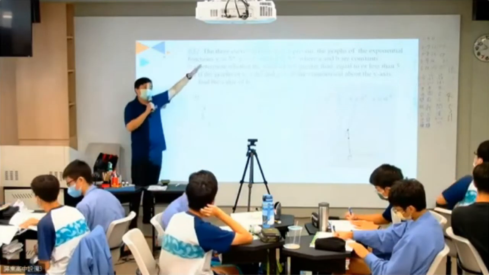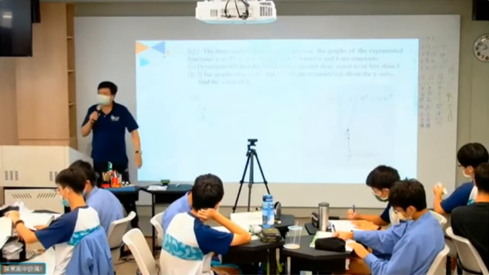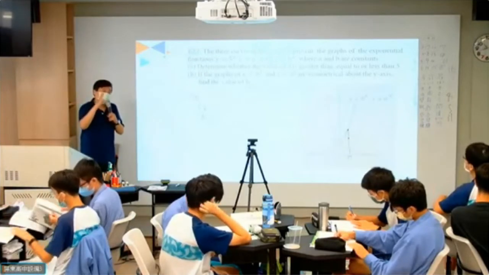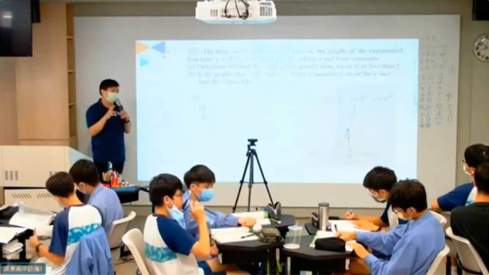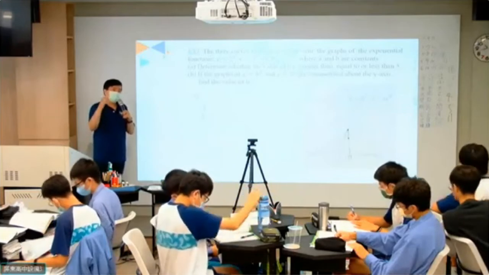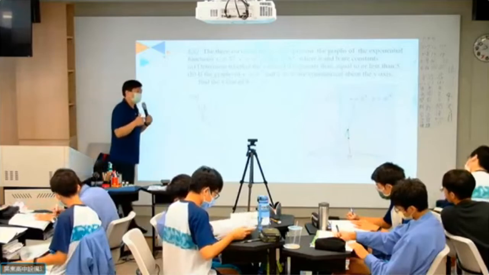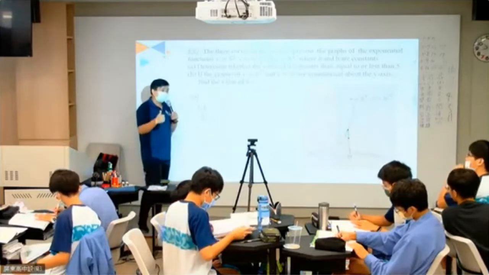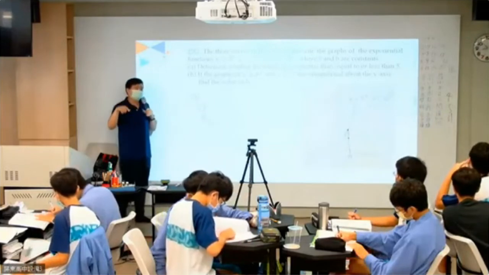Okay. In the previous properties, we say if two exponential functions are symmetric about the y-axis, that means one is y is equal to a to the power of x, and the other is y is equal to 1 over a to the power of x.